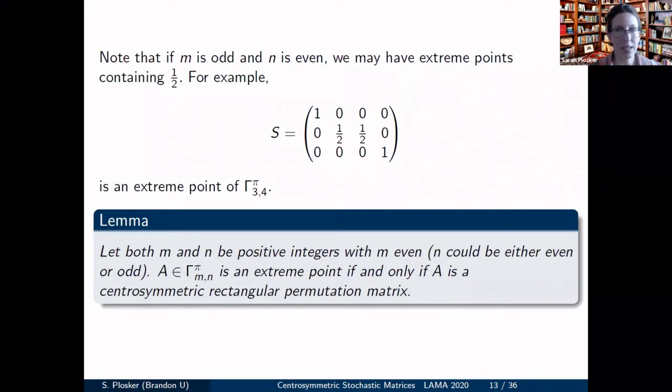So basically exactly what you would hope for. The extreme points of doubly stochastics are the permutation matrices. The extreme points of stochastic are the rectangular permutation matrices, and the extreme points for the centrosymmetric stochastic when m is even are the centrosymmetric rectangular permutation matrices.